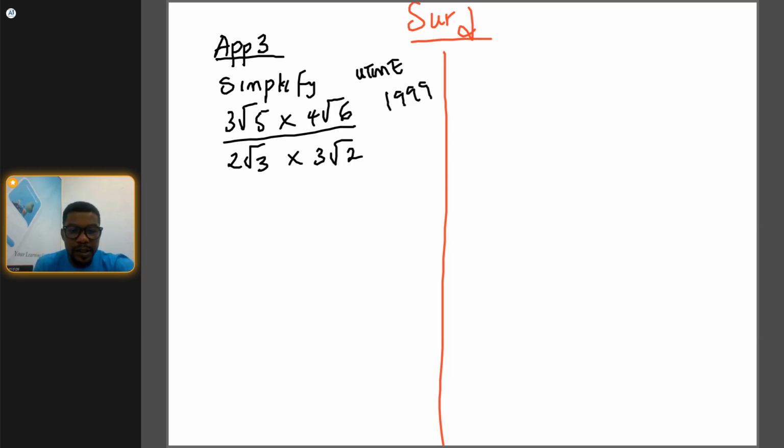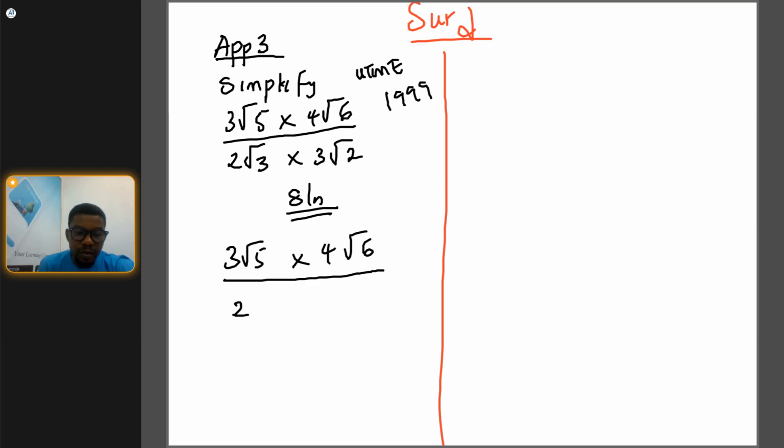UTME question 1999. So to simplify this, we need to first understand every part of the question. 3 root 5 multiplied by 4 root 6 over 2 root 3 multiplied by 3 root 2.